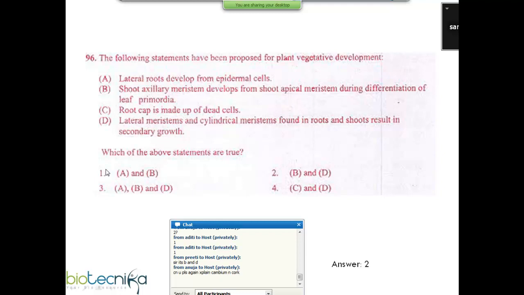The one I will cross. I'll end up between 2, 3 and 4. I can directly cross 4 because this is wrong. So I'll be between 2 and 3. If lateral roots develop from epidermal cells, the outermost epidermis, I don't have any idea. Epidermis is skin. Do you think that the hair in my body is coming from the epidermis?